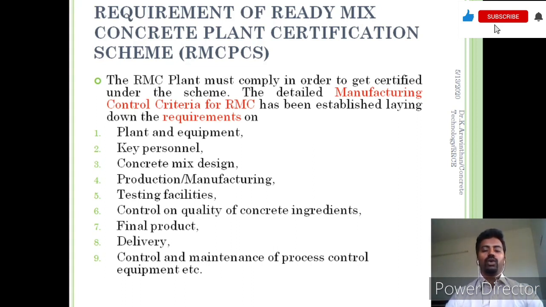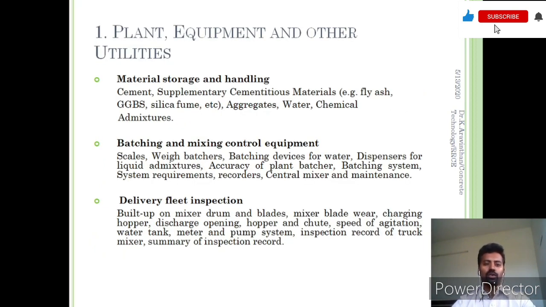The following are the requirements of the ready mix concrete plant certification system, known as RMCPCS. So these are the requirements in order to certify a ready mix plant, and we will look into them. If you have a ready mix plant, you need a portion for material storage and handling.